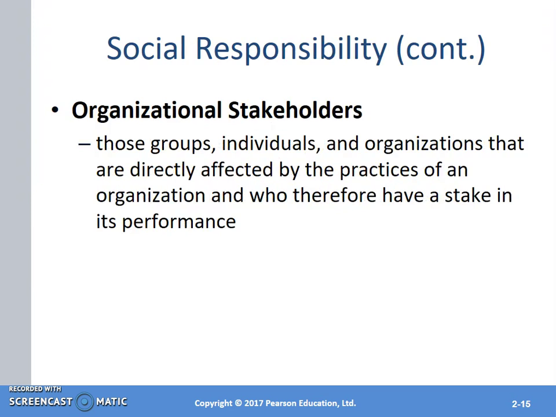When we talk about social responsibility, who is the person that the business wants to give a commitment to? Our stakeholders. Stakeholders are the groups, individuals and organizations that are directly affected by the practice of the organization. For example, customers, suppliers, or maybe the community.